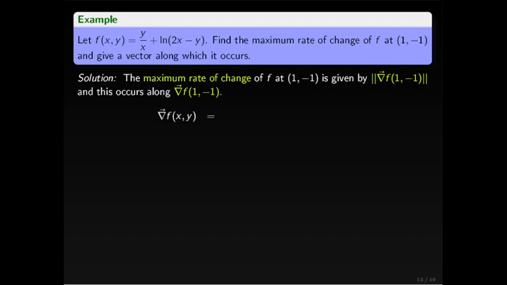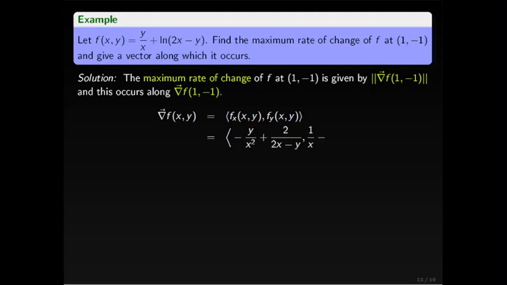So let's compute for the gradient at any point x, y. So grad f is partial of f with respect to x, comma, partial of f with respect to y. And these are easy to compute. So partial of f with respect to x is -y over x squared plus 1 over (2x minus y) times 2.